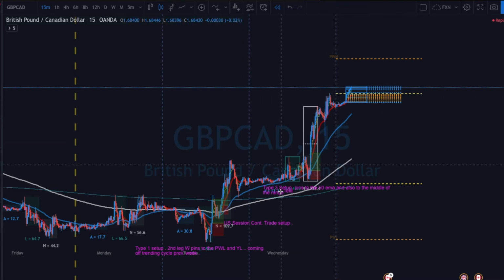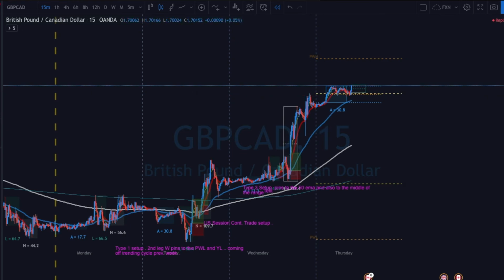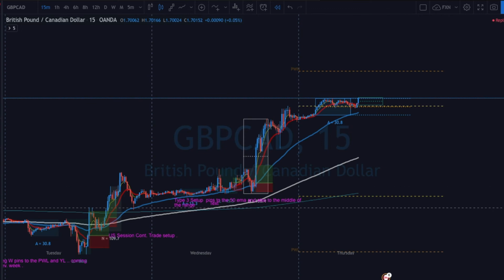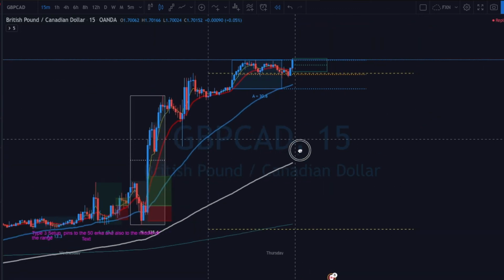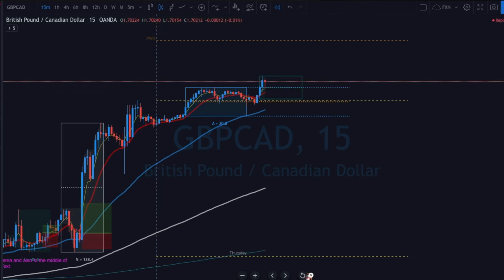Because this fake move, if this is not a reversal, then this turns into not a market maker cycle, but it turns into basically a trending cycle, right? So let's see what we end up getting here on this day here.